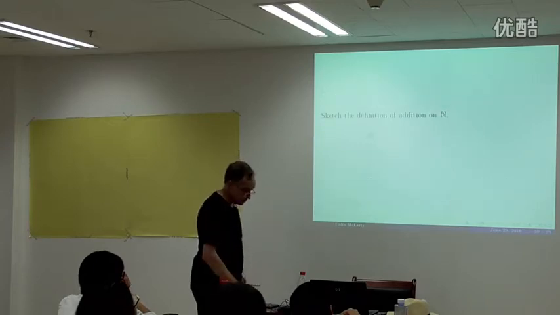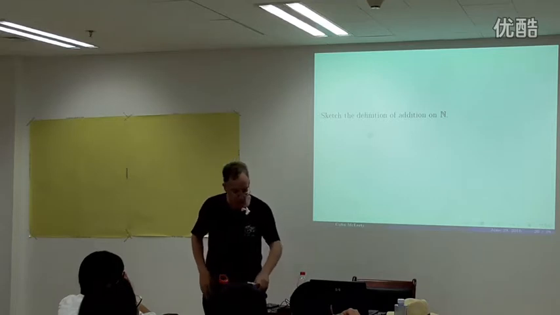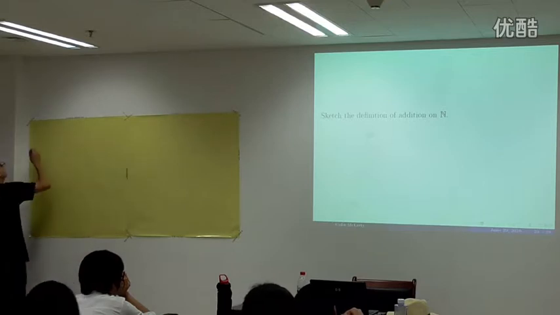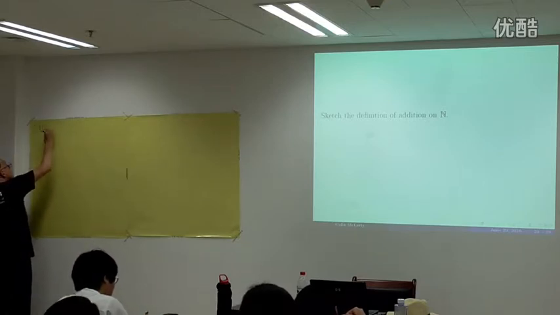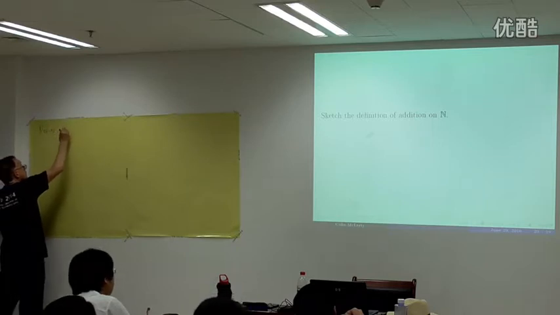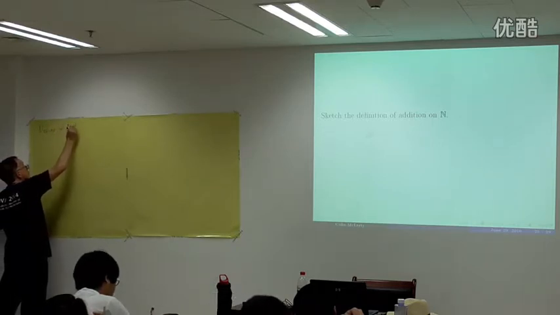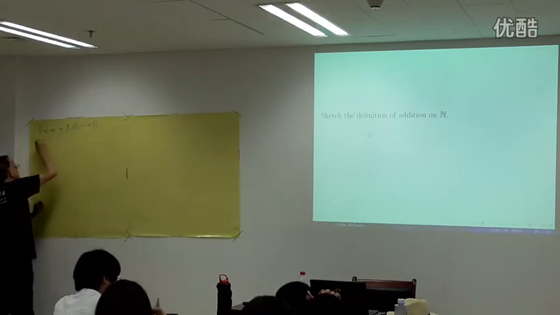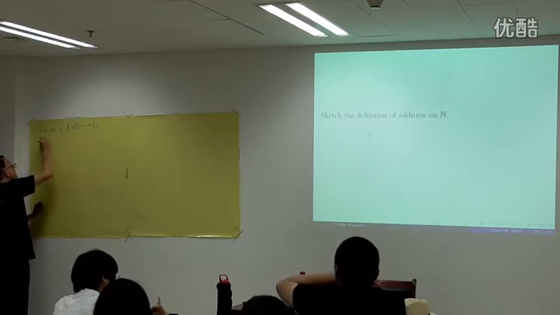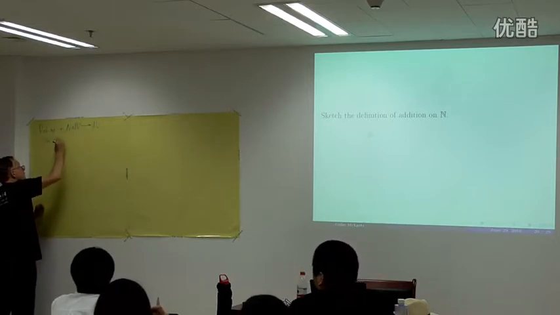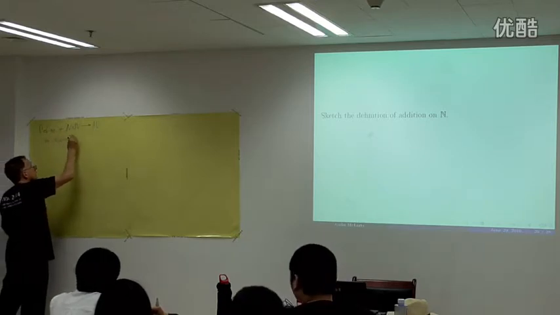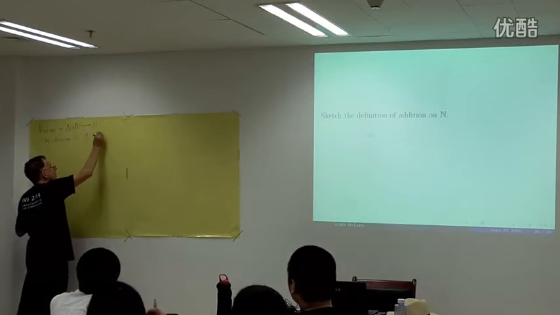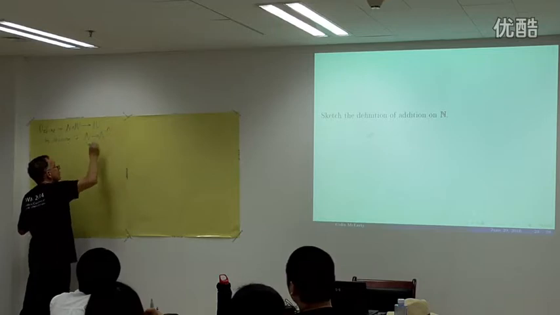Yeah. Definition of addition. Well, I mean, I have sort of sketched this. Well, I did sketch it. To define the addition function, by defining its transpose, which goes from n to the function set.